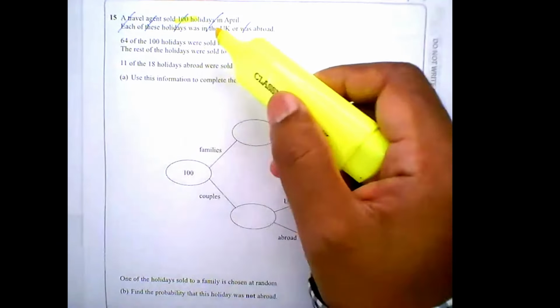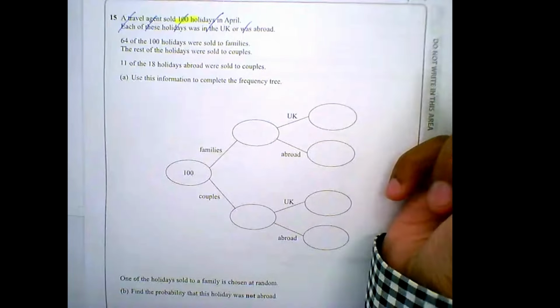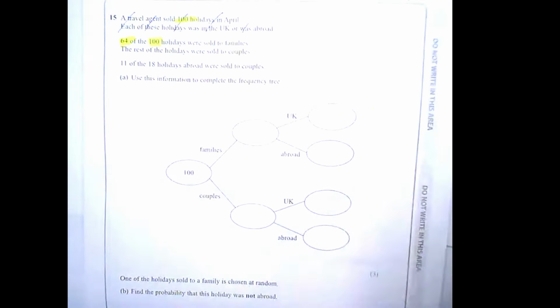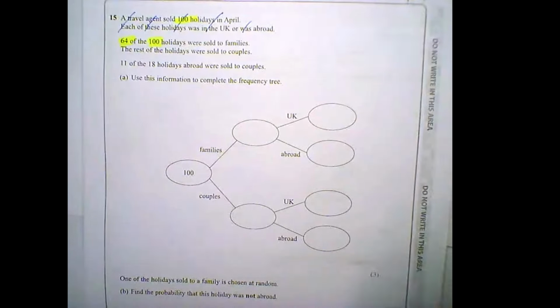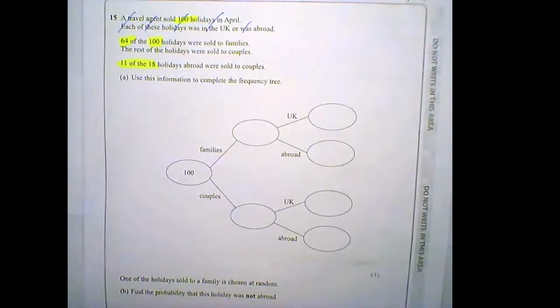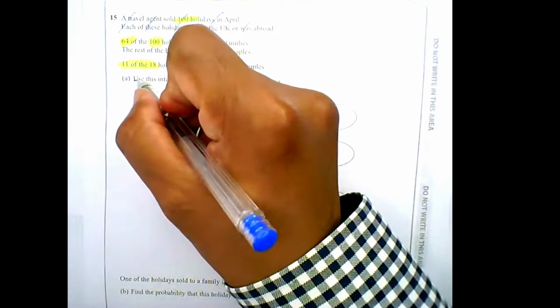64 of the 100 holidays were sold to families. So we've got 64 and 100. The rest of the holidays were sold to couples. 11 of the 18 holidays abroad were sold to couples, and then use this information to complete the frequency tree. So again, this sentence we do not need.